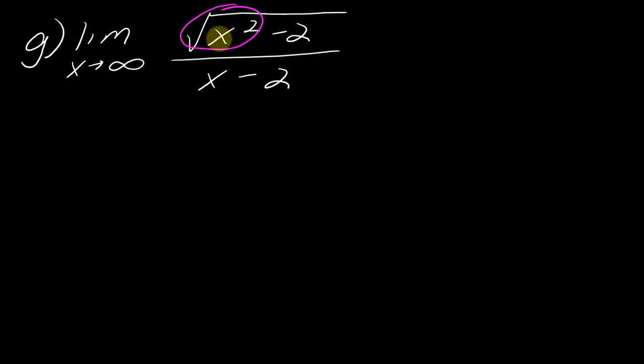Yes, we have x squared minus 2, but what impact does the square root of x squared have? That kind of turns this into just x, if this was all that we had.